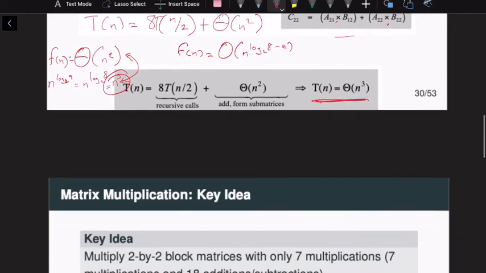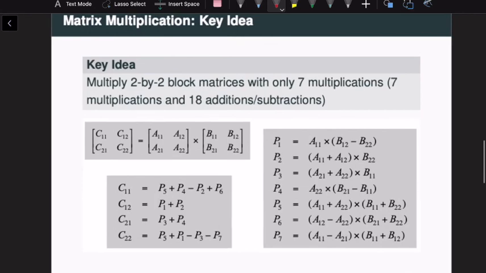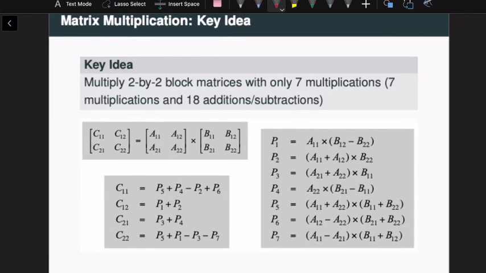And what we're going to see is that, again, we're going to break our matrices into n divided by 2 by n divided by 2 blocks, 4 of those, to calculate the 4 blocks that make up our C matrix, or resulting matrix.